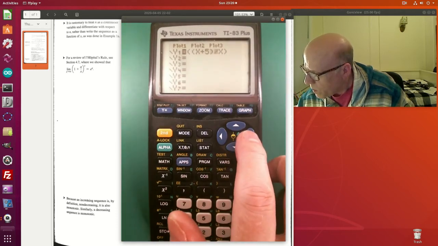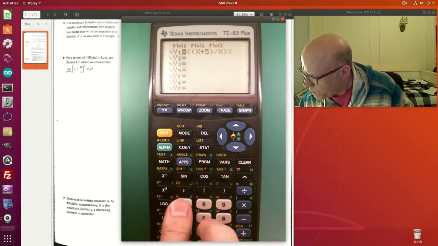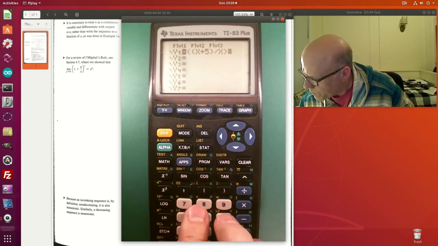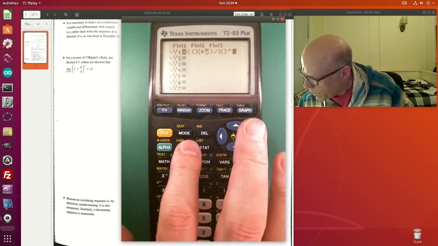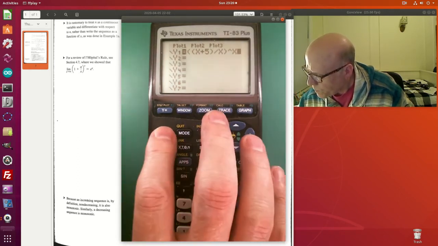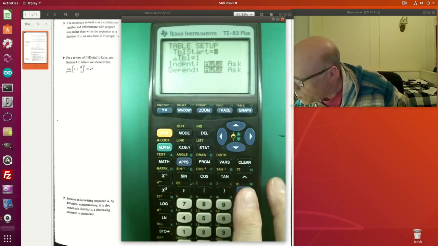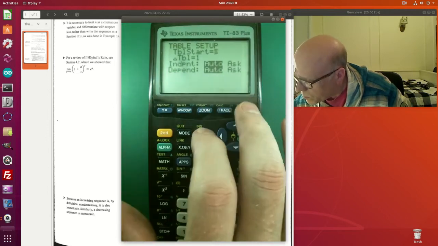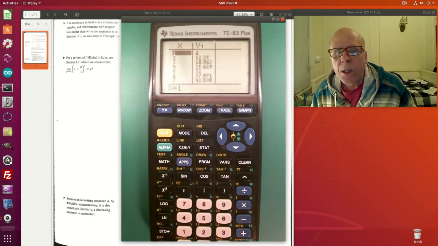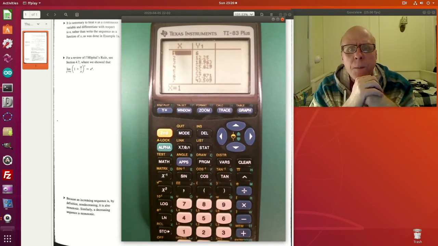And that thing raised to the x power. Actually, let me check my table setup. We start at 1 and go by 1s, great. So hit our table, and you see the values of this thing.